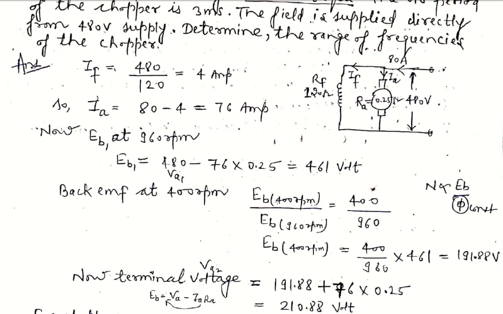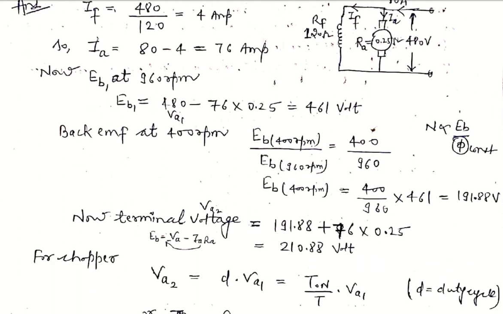By this relation we calculate the back EMF corresponding to 400 rpm. Eb at 400 rpm divided by Eb at 960 rpm equals 400 divided by 960, where Eb at 960 rpm is 460 volt, which we calculated earlier. In this way we calculate the Eb corresponding to 400 rpm to be 191.88 volt. So as the speed falls, the back EMF also falls from 460 volt to 191.88 volt.